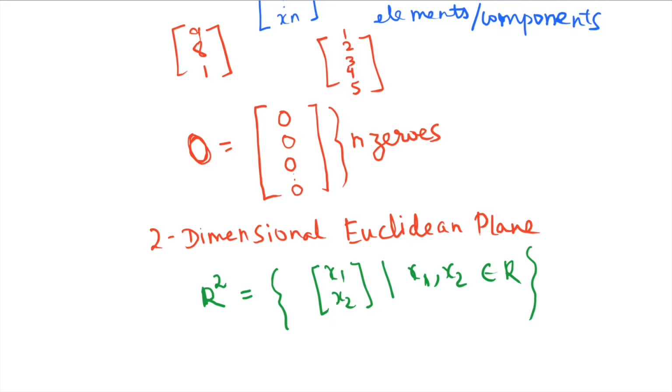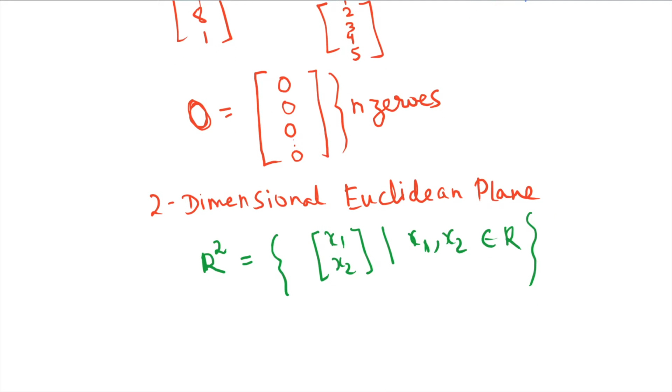This mathematical statement says that the two-dimensional Euclidean space, R2, consists of all possible pairs of numbers x1, x2, where both x1 and x2 are real numbers.